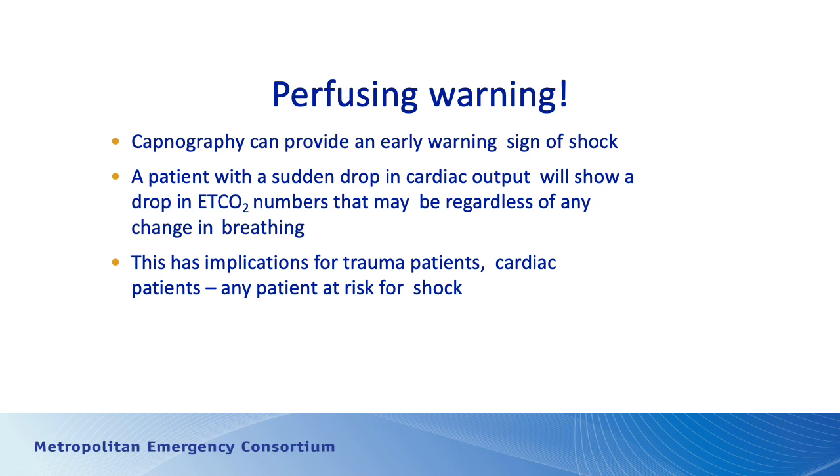If you're not perfusing the lungs, you're going to see a drop in CO2 regardless of the patient's ventilatory rate. So perfusion is something we can measure by using CO2, and that's important in trauma patients, patients who may be in cardiac arrest, or in any other form of shock, such as patients who may be septic or bleeding out from a GI bleed. So always think about perfusion states.